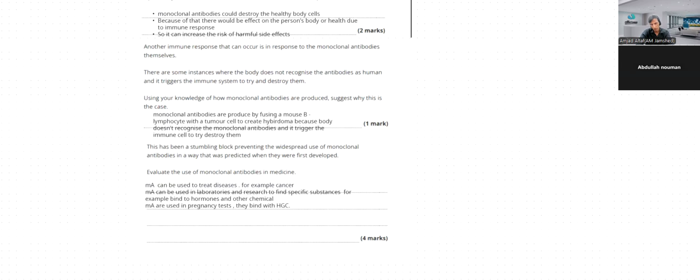ELISA is one of the examples, but we have many other examples where we use the antibody-antigen approach to find specific antibodies, especially to specific hormones. Or pregnancy tests, they bind with HCG.